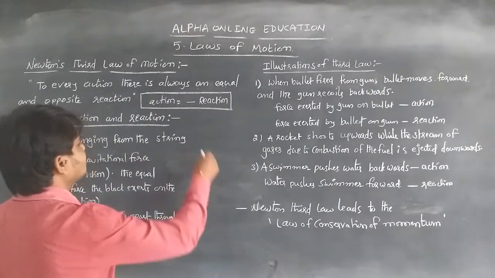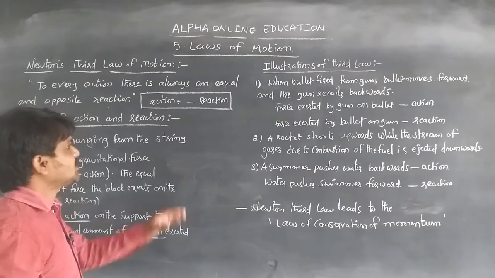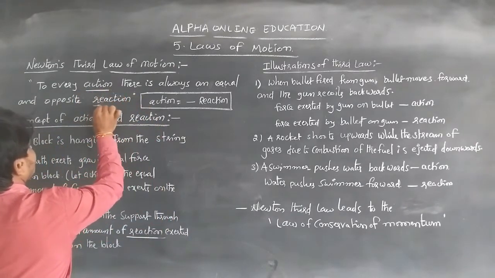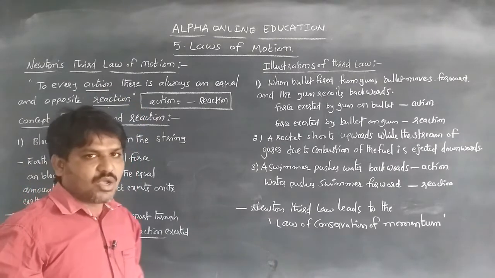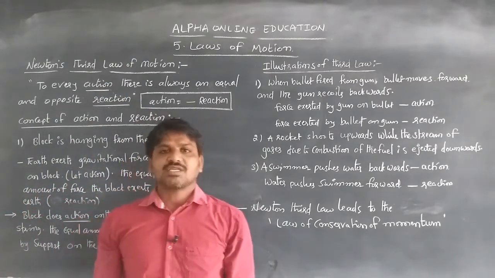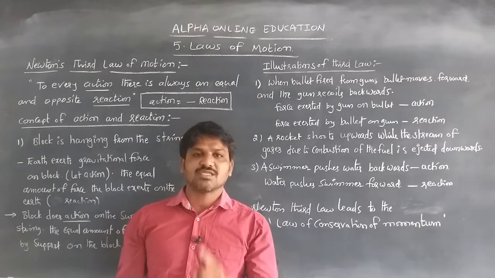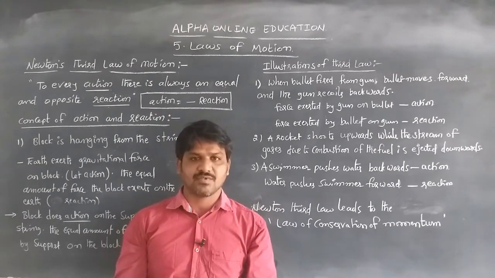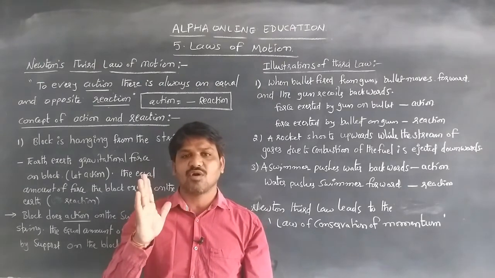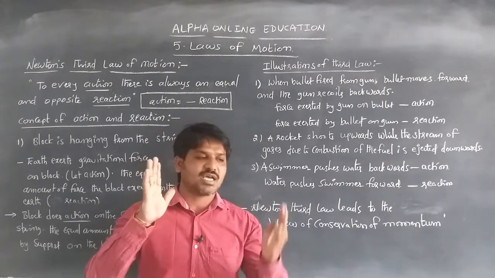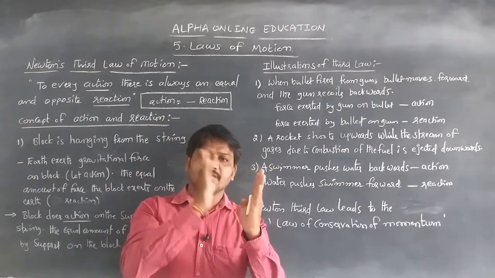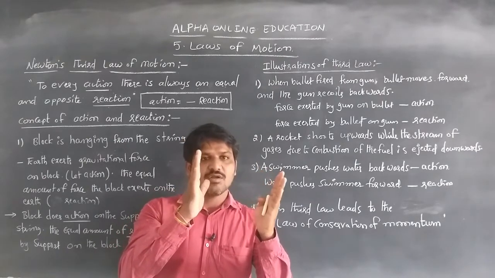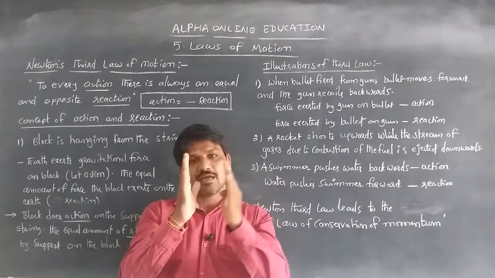When we hear the words action and reaction, note that they do not take place in one body; they occur between a pair of bodies. Whenever one body applies a force on another body, that is the action, and the other body reacts with an equal amount of force on the first body.